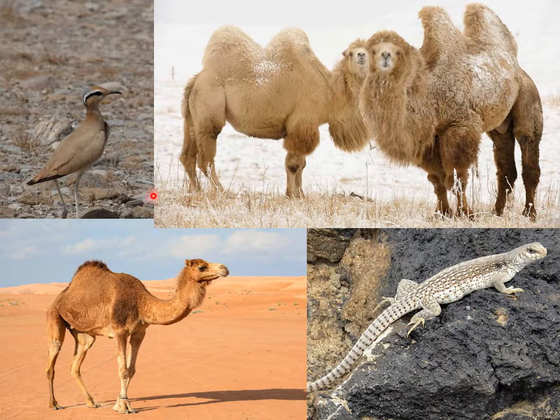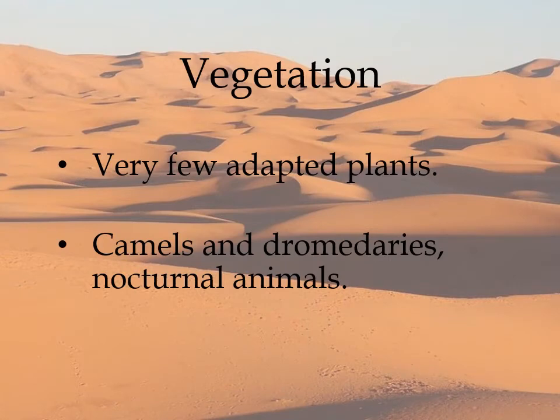The dromedary is for hotter climates. The camel can support much colder ones. And the vegetation, there are very few adapted plants, camels, dromedaries, and some nocturnal animals that make use of the cold of the nights to hunt or to look for food.